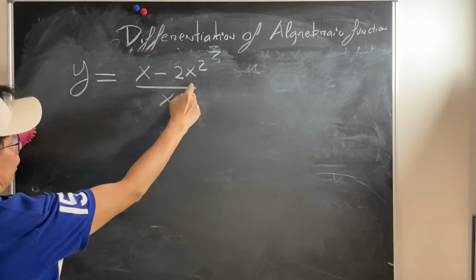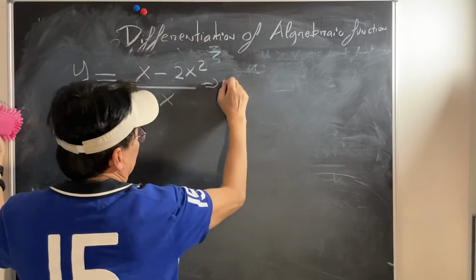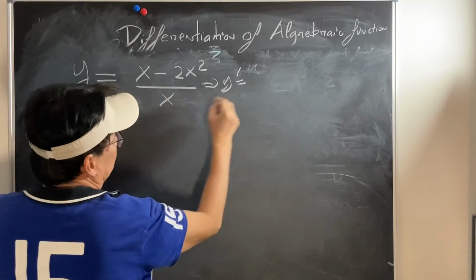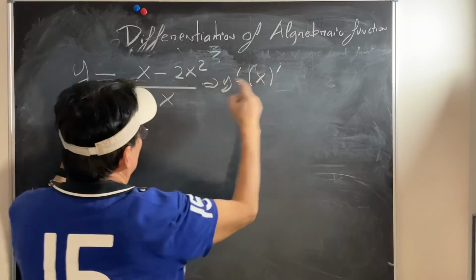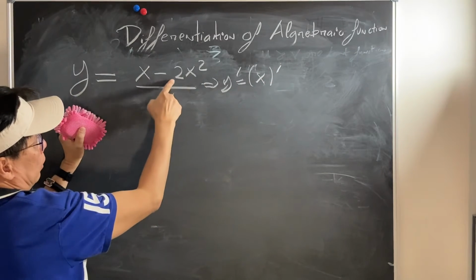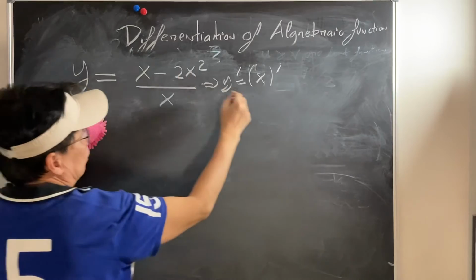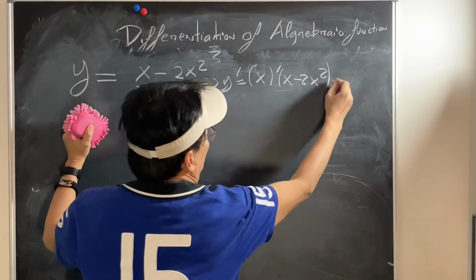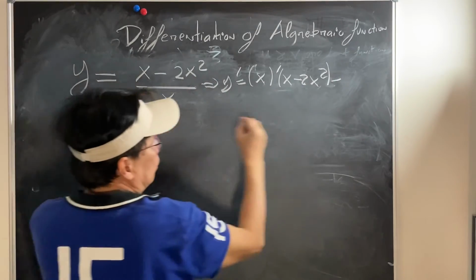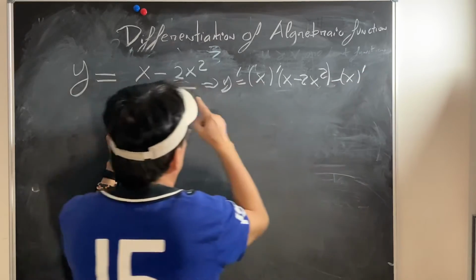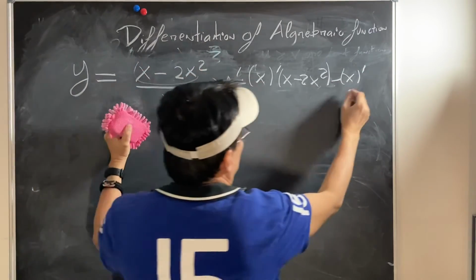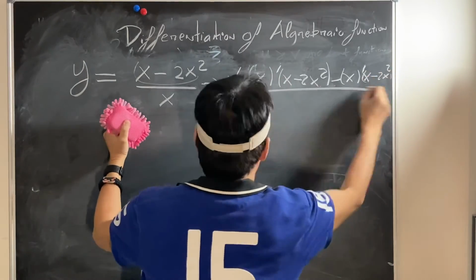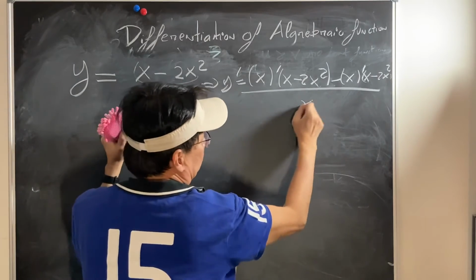Okay, so apply the quotient rule. Then you have y prime: this y prime will be equal to u prime v, derivative of the numerator times x, minus derivative of the denominator, derivative of x, times u, which is x minus 2x squared, and divided by v squared. v equal x, so v squared equals x squared.